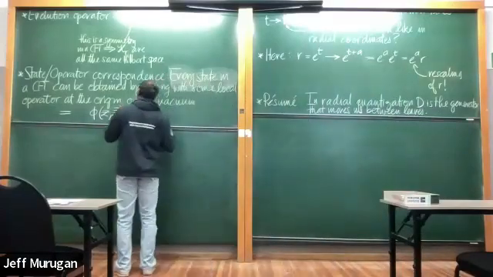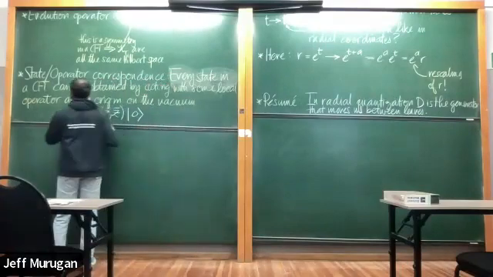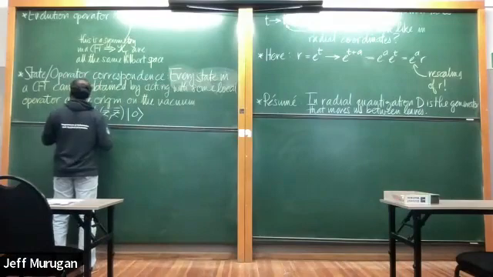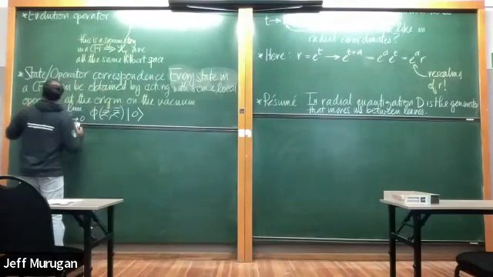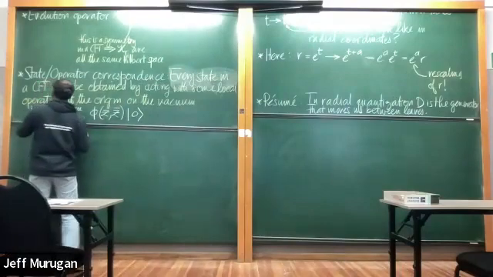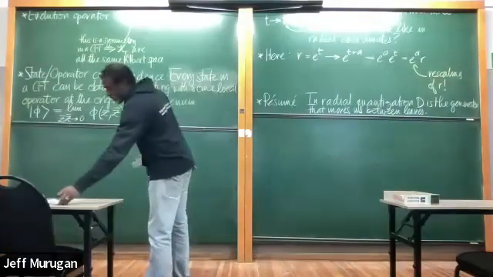If I take this and act on the vacuum state, in the limit that I am at the origin, so z and z bar go to 0, this defines for me some state of phi in the Hilbert space. So phi is a state in the Hilbert space.